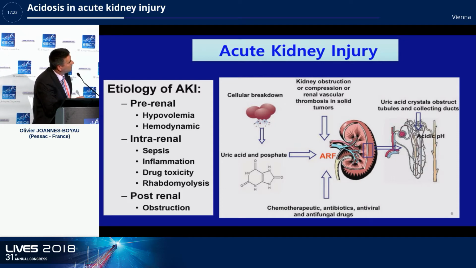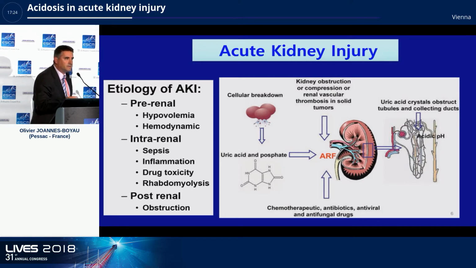You also have drug toxicity from the drugs you give to fight the sepsis, and some rhabdomyolysis after surgery, and other causes. These causes will have a direct intrarenal effect on the nephron.